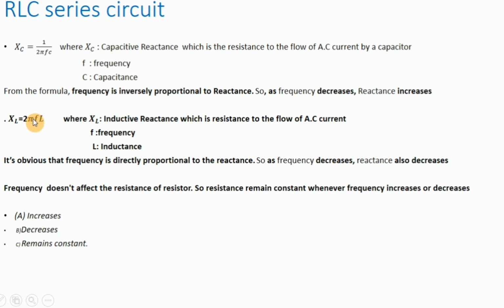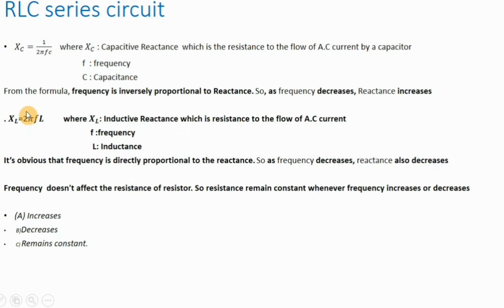As the frequency increases, the reactance will also increase. As the frequency decreases, the reactance also will decrease. So you see that they are directly proportional. That's why it's obvious that frequency is directly proportional to the reactance.